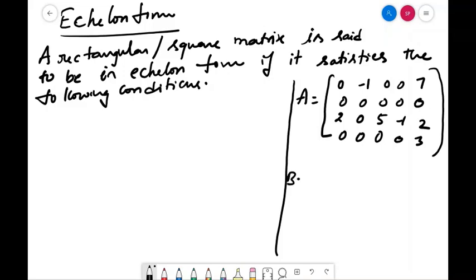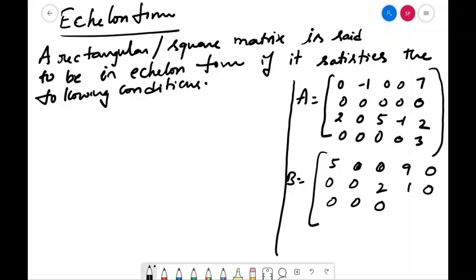Then I'll take another matrix B where I have 5, 0, 0, 9, 0, then 0, 0, 2, 1, 0, then 0, 0, 0, minus 5, and 0, 0, 0, 0, 0. So I have taken two matrices. Now let me explain what the conditions are.